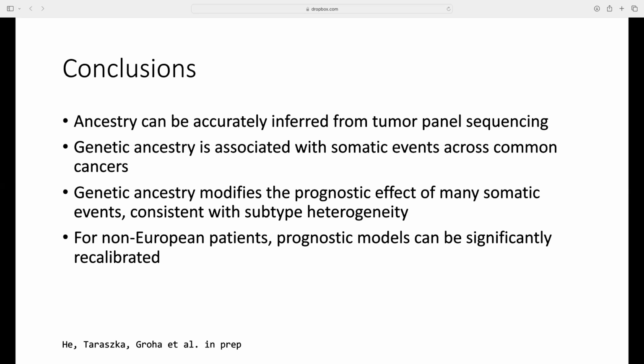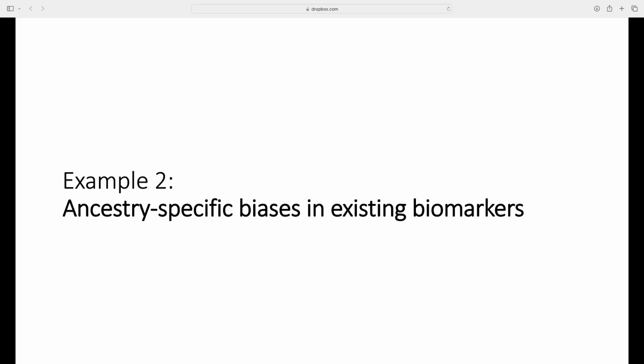And additionally, there is this interaction between ancestry and somatic features in terms of their effect on clinical outcomes. And this interaction can be leveraged to improve the performance of these predictive models. So that was an example that was primarily focused around discovering associations and trying to identify potential novel mechanisms of how ancestry may be influencing clinical outcomes.